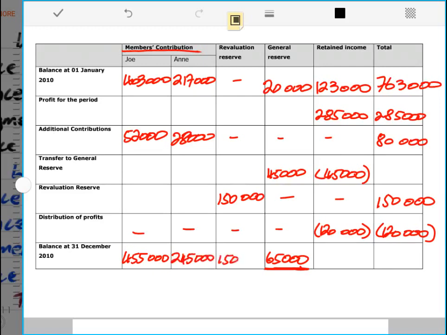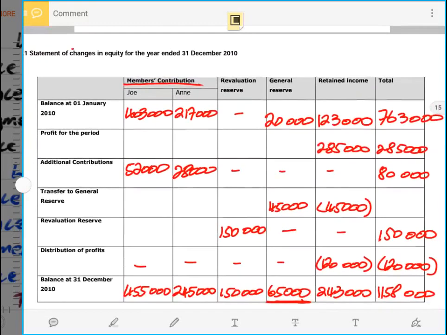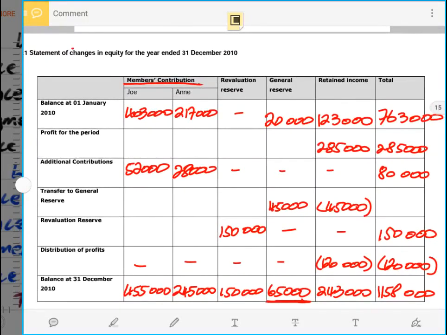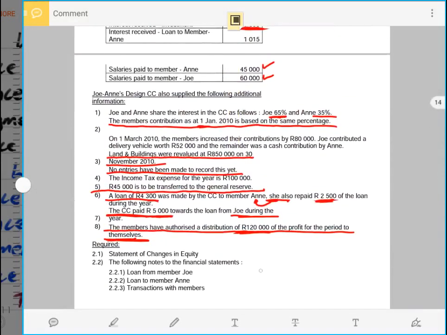Then the total of the revaluation will be 150,000 rands, and the retained earnings will be an amount of 243,000 rands, and the total of the totals will be 1,158,000 rands. So now that will be the statement of changes in equity for this closed corporation, and that statement is complete, it balances, and all the amounts are accurate and correct.